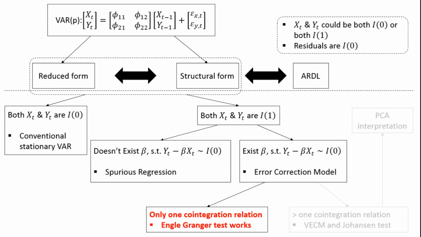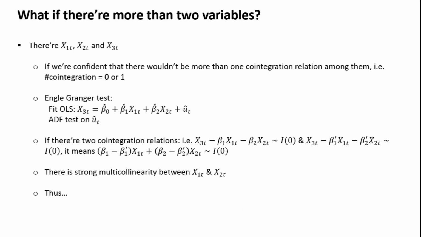And in the case where we have only one cointegration relation, the Engle and Granger test works. So what if there are more than two variables? We have x1, x2, and x3, for example.